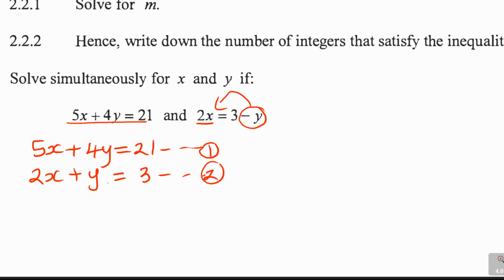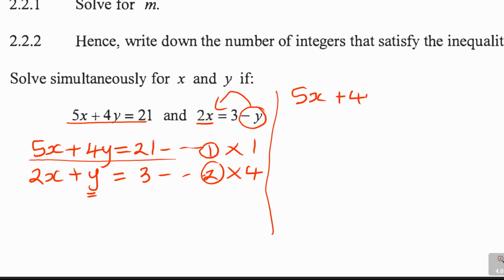But now what must I do? Let's say I want to get rid of y. You can see this is 4, so I multiply this equation by 4, this one by 1. I want to make that thing 4y. So what will I have? My new equations will become, since I'm multiplying this by 1, it doesn't change, 5x plus 4y equal to 21.